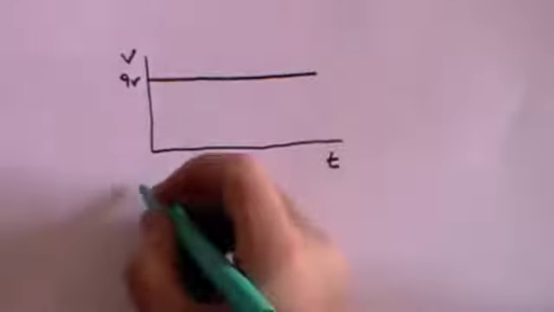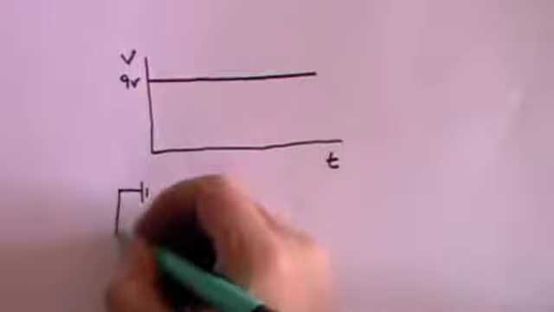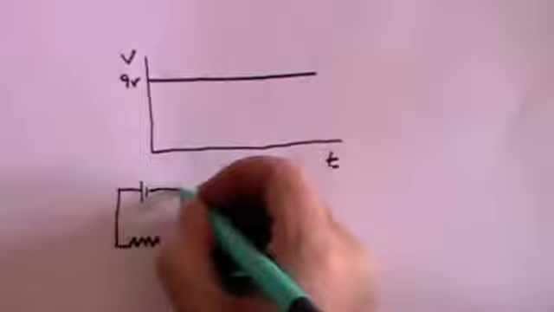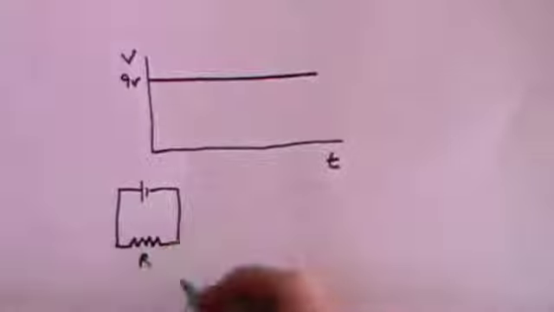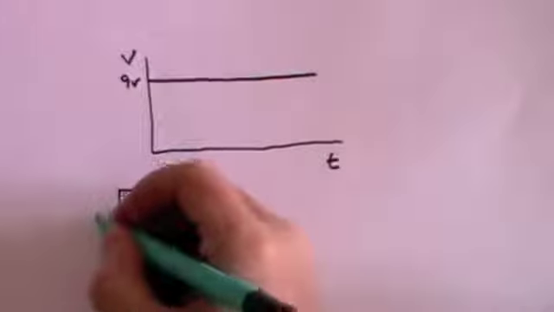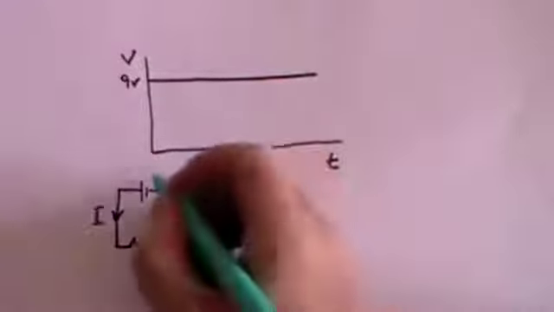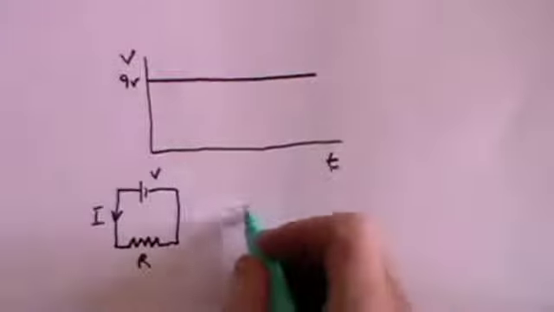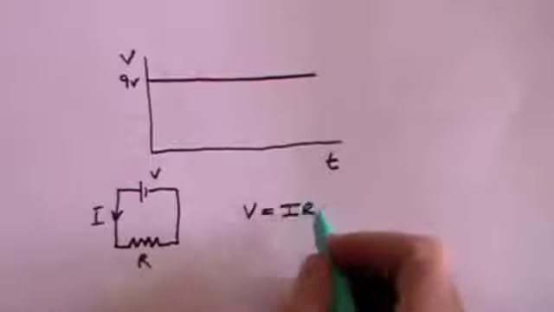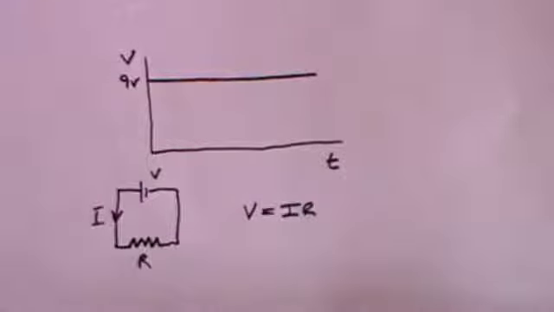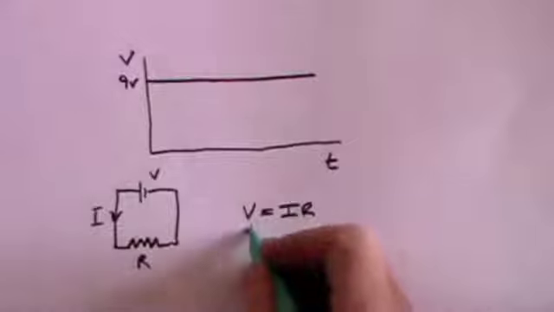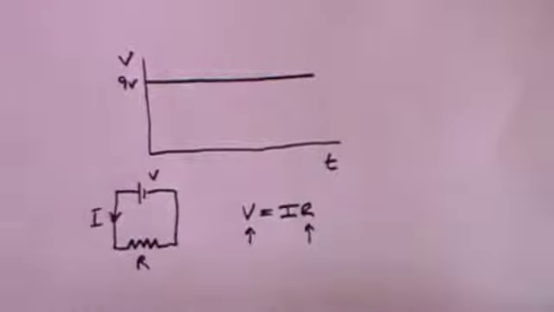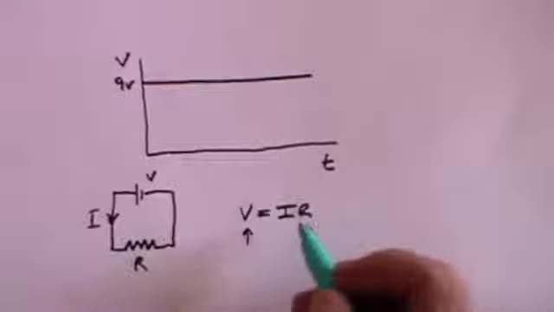If you then put that battery across a resistance, R, then a current will flow. This battery has voltage V. That current and the voltage are related by Ohm's law, V equals IR. And so if the voltage is constant, and of course the resistance is constant, then that means the current is constant.